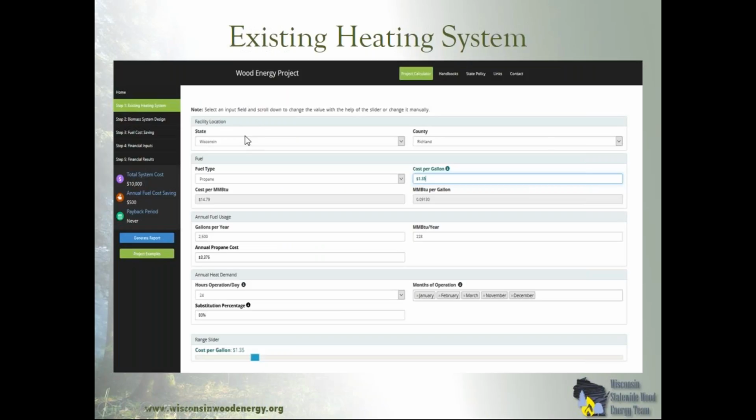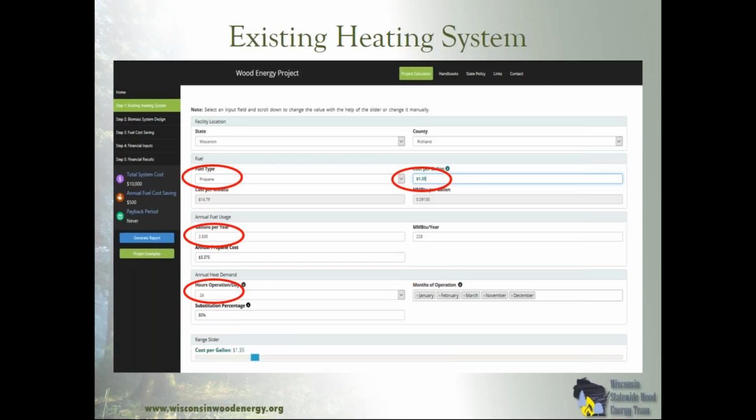So here's my screenshot of where you pick the state, your county, the type of fuel, the cost for the fuel. I've got the gallons per year down here. It calculates out the million BTUs per year. Actually, we've got these highlighted here. I forgot about this.